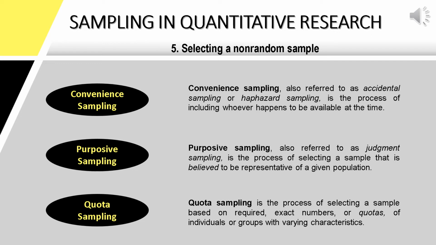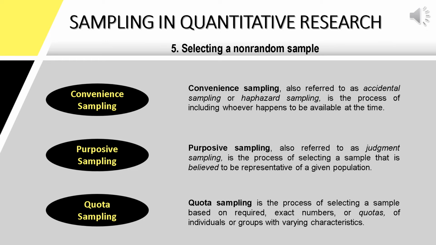For example, siguro aware siya sa ATM, siguro may ATM siya. Kaya purposive sampling. We assume that they belong to that population. Kaya pasok sila sa criteria, kaya sila yung pinili natin.